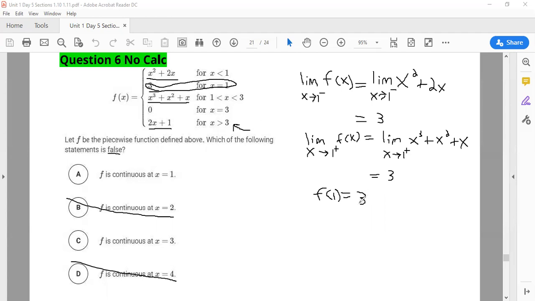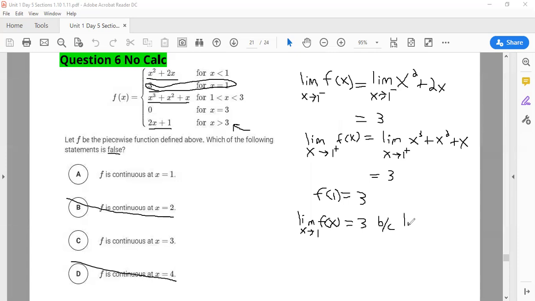And therefore, in a free response, if I was showing that this is continuous, I would say the limit as x goes to 1 of f of x equals 3 because, and then you would have to write this. It's annoying, and this is why students mess it up.